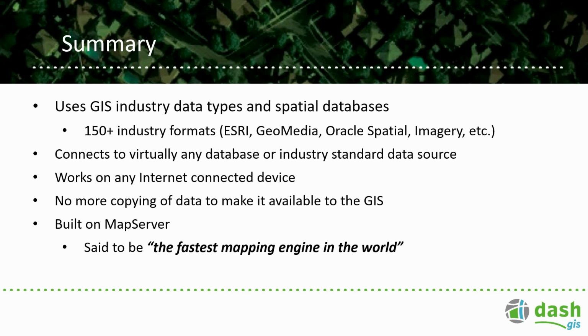Anything that's connected to the internet, we can do it because there is no client involved. No more copying of data is needed. Some GIS implementations require you copy all that data nightly or manually into the centralized GIS database, and that just gives you old data. And then, of course, MapServer is the fastest mapping engine in the world. That's a quote up on the OGC website.